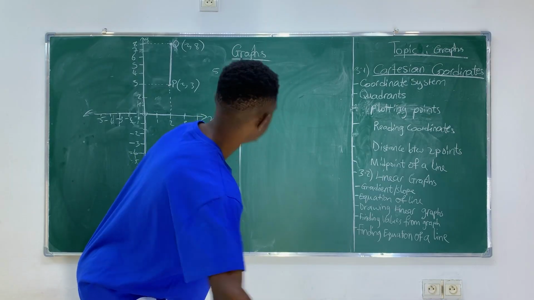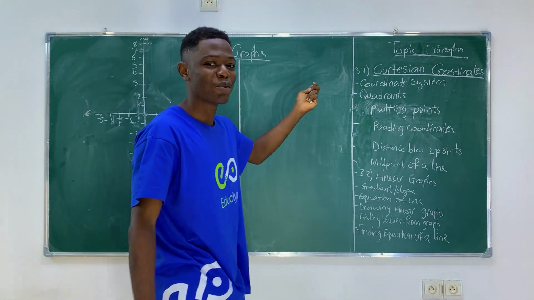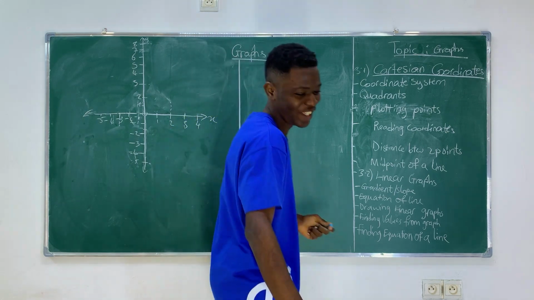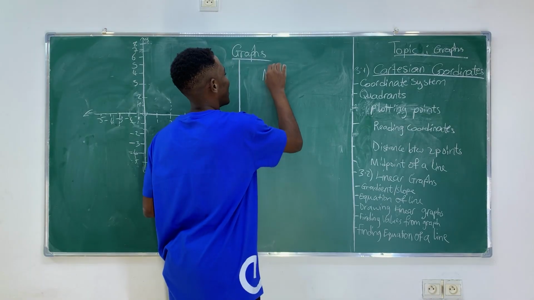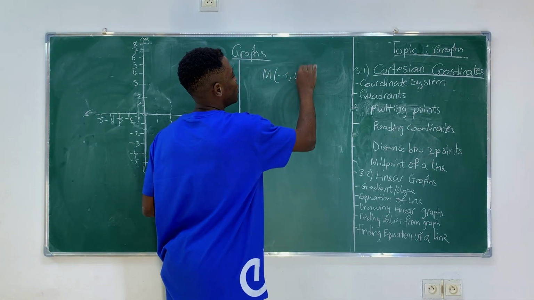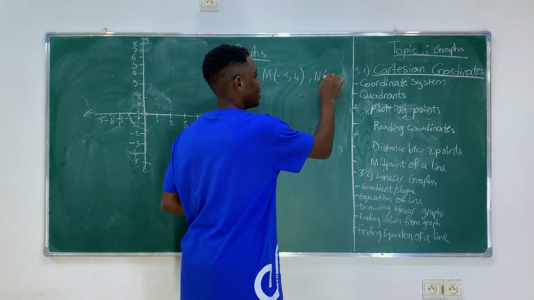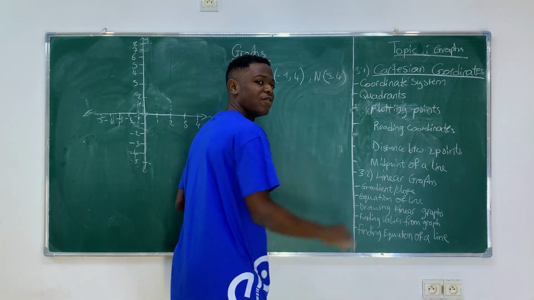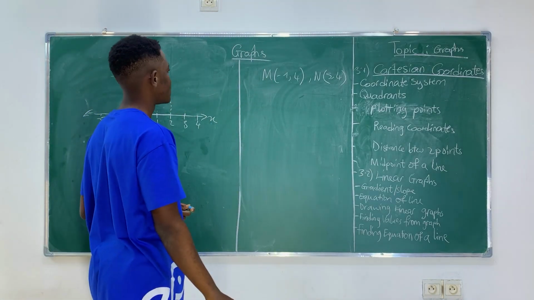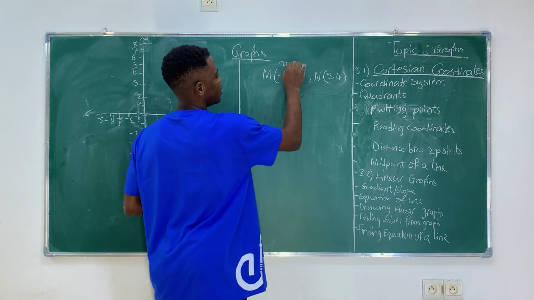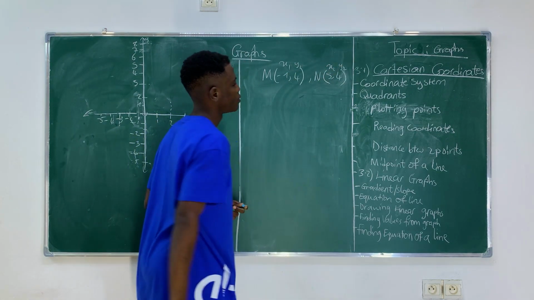So, okay, we have to plot the points. I write the two points. The point M is (-1, 4), and N is (5, 4). So this is x1, y1, x2, y2.